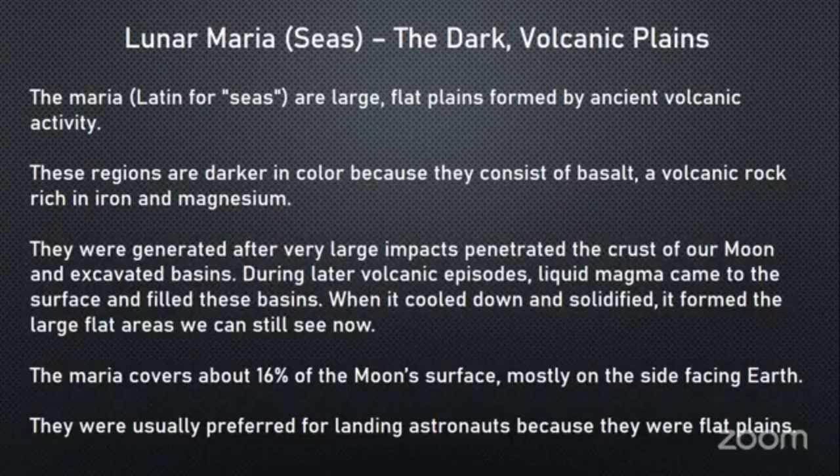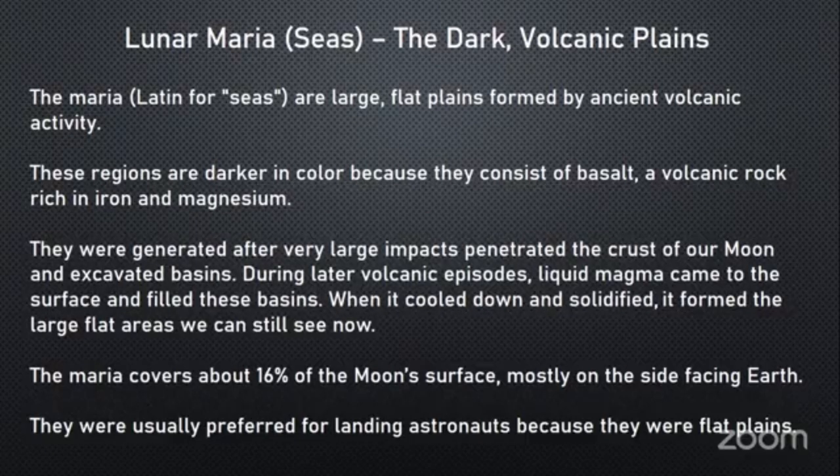They were generated after very large impacts penetrated the crust of our moon and excavated basins. During later volcanic eruptions, liquid magma came to the surface and filled these basins, then cooled down and solidified. It formed the large flat areas we can still see today.